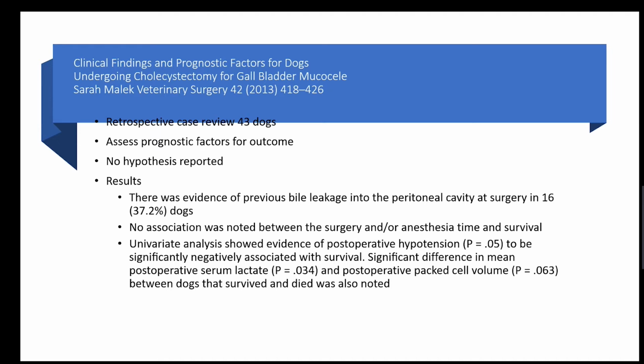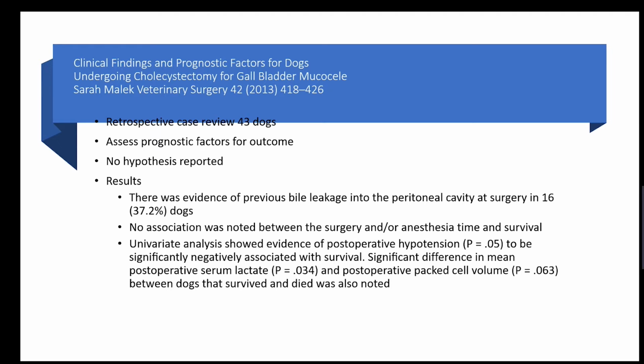So really, about 37% of these dogs had evidence of bile leakage at the time of surgery, but they didn't really find any preoperative or intraoperative findings that had any impact on survival, which is a little bit disappointing.